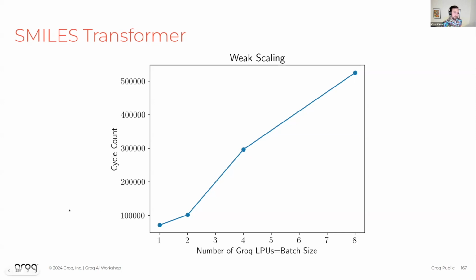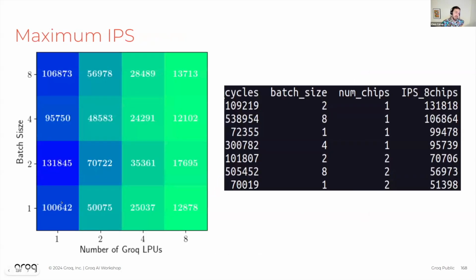So this is already a sign that probably something good is going to happen here with the number of inferences per second. And as it turns out, the best configuration for inferences per second is a batch size of 2 with a single chip.